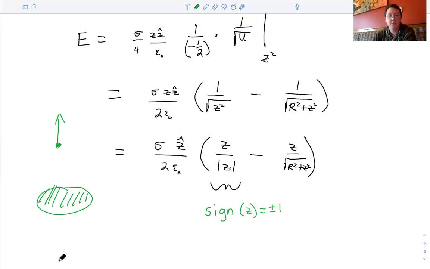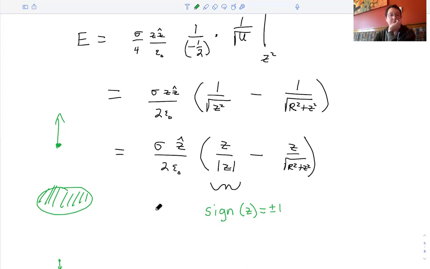If you're down here for negative z, it's going down. That's the sign business. And this term is just a contribution we have, and it sort of knows about the edge or the shape of the disk, but I really don't have a better interpretation.